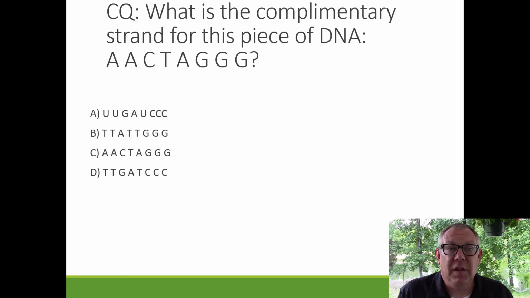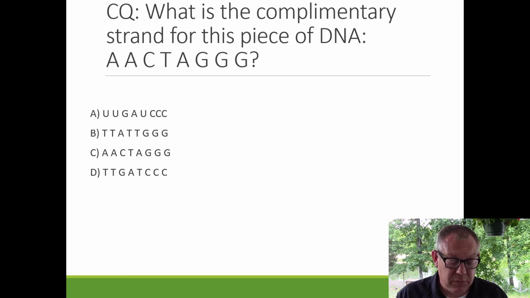And so we can practice this, and I'll ask you this question a lot. Let's say you've got a piece of DNA, AA, CTA, GGG. Which of these would be the complementary strand? Well, A's must pair with T's, so starting on the left, the complementary strand must start with a TT.